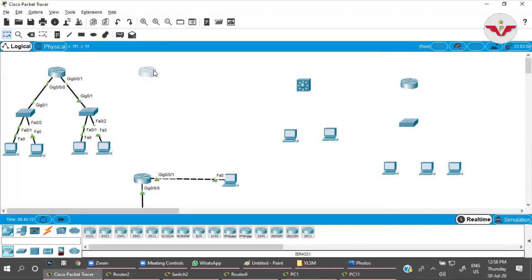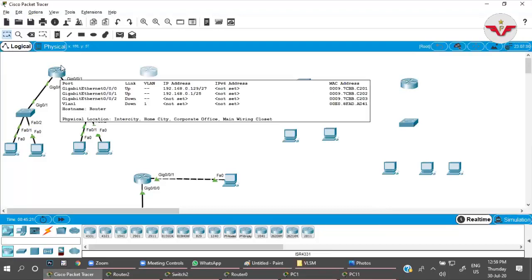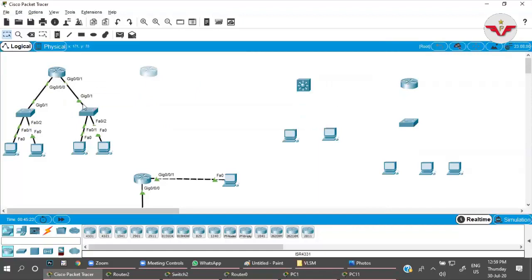If you take a different router and connect a network here, then the routing protocol comes into the picture, because this router knows only these two directly connected networks, but the network you connect here, that router does not know about, because it's not directly connected. So for sharing routing tables between each other, the routing protocol is required.